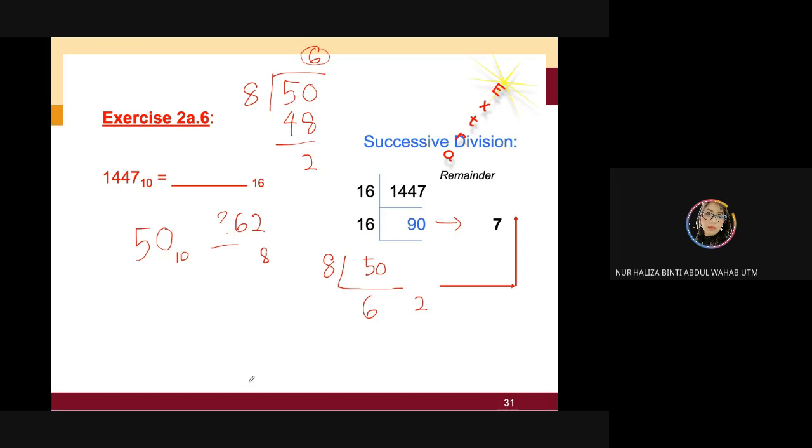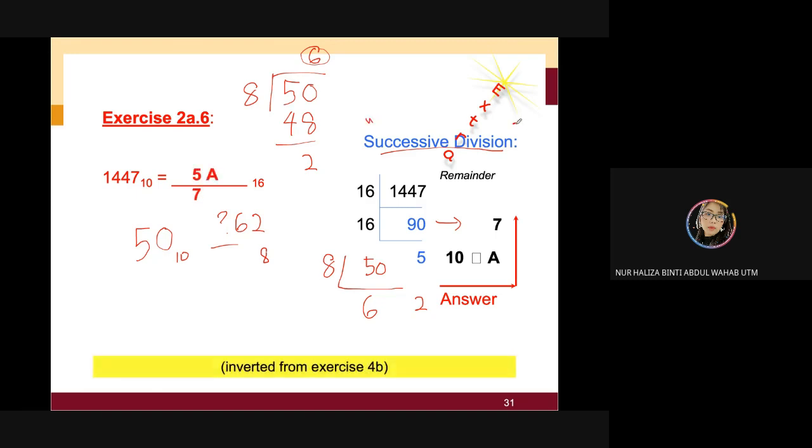So is it correct? Yeah, it's correct. So this is how you get the remainder and how you use the successive division. Again, I forgot this term. As long as you understand the method for you to convert.